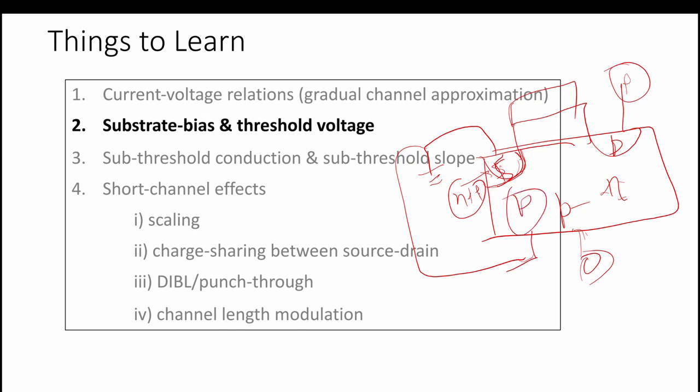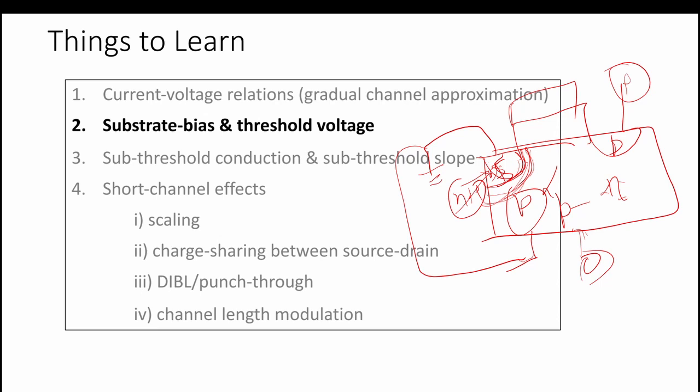The depletion region will be more towards the p region only, because this is less doped and this is highly doped. In the highly doped region the depletion region is at the interface only, and in the p region it extends more towards the p region.